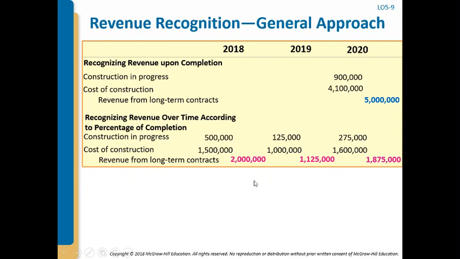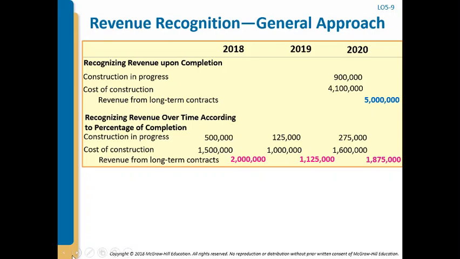But just notice that you've got your cost of construction in that first year of 1.5 million. You've got your revenue from long-term contracts of 2 million. We'll show how that's determined here in a minute. And then you've got construction in progress, 500,000.